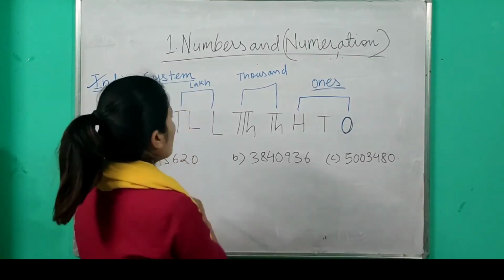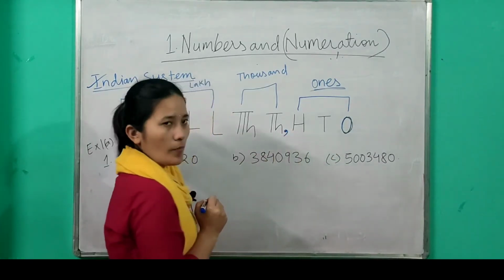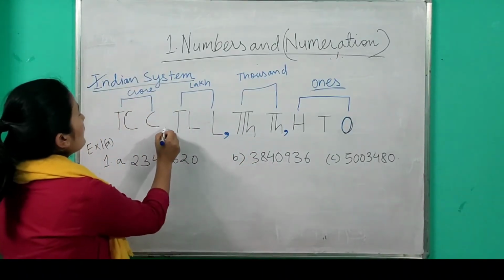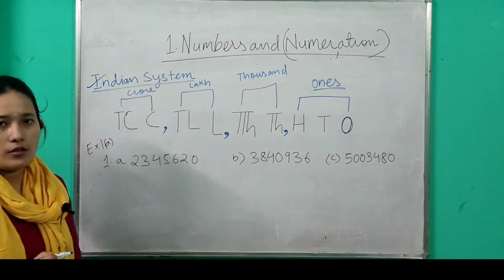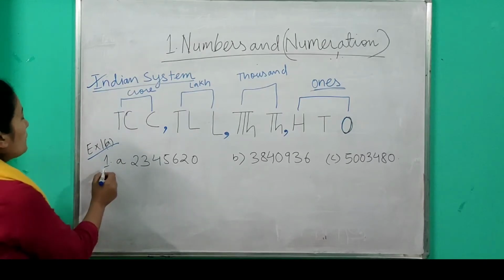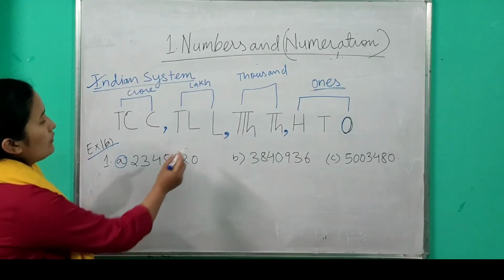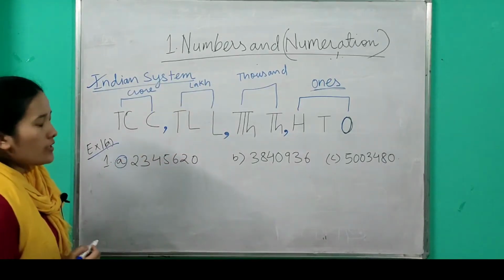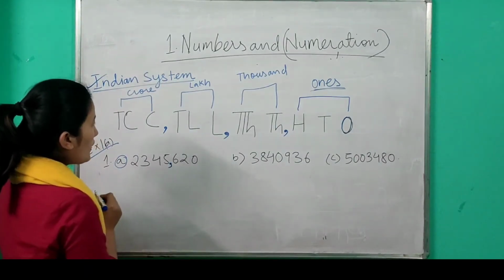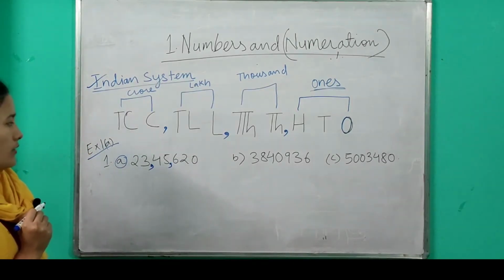As per the Indian system, after the thousands place you have 1 comma, then at the lakhs period you will have 1 comma, and then at the crores place you have a comma. Now let us take an example from exercise 1A, question number 1. You are given a number here. Let's see the place value chart and put the commas. At the thousands place you have 1 comma and at the lakhs place you have 1 comma.